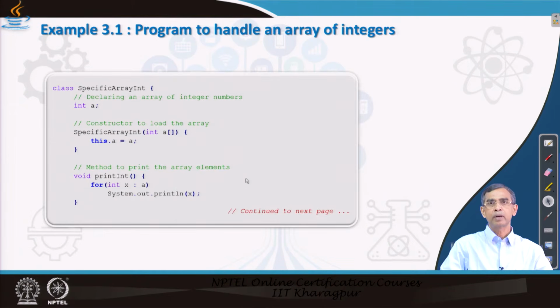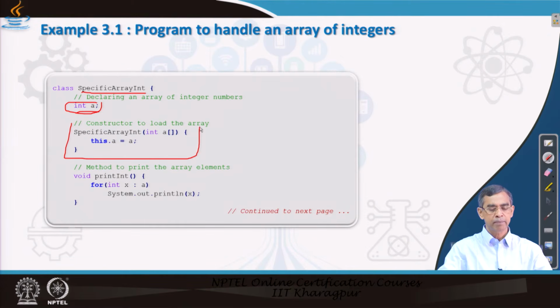Now, here is the program for you, very simple, that you can check. This is the class that we are going to define, and this integer a means it will take only integer elements. This is the constructor, which takes an array of elements and initializes it.